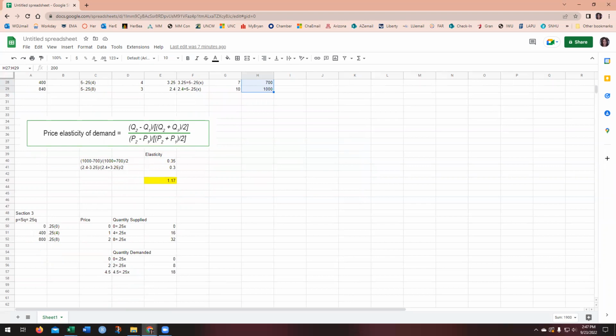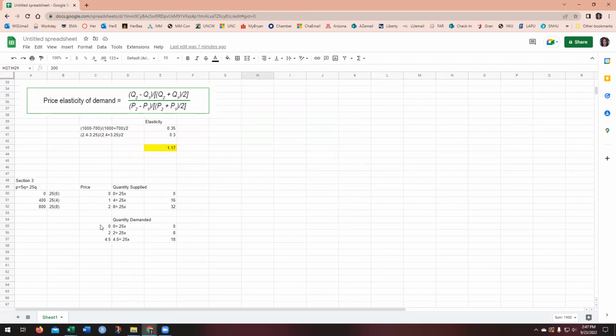And so the next part, we're going to look at price elasticity of supply. And so I wrote the numbers out, and once again we figured those and found the prices, and then we went through and did that quantity supplied for some different prices there, 0, 1, and 2. And then here for 0, 2, and $4.50. And so these are our quantity supplied.